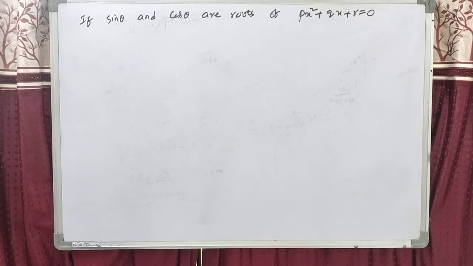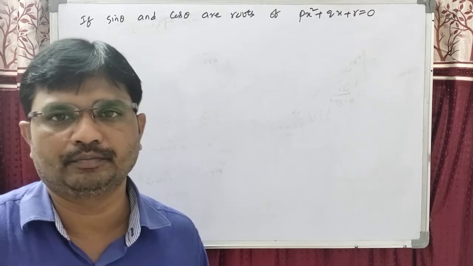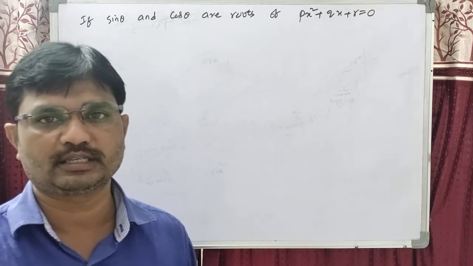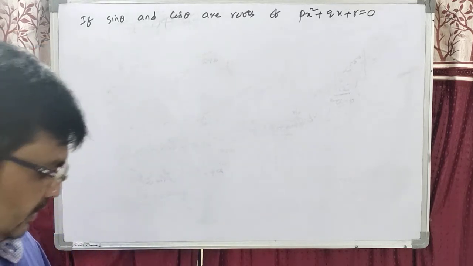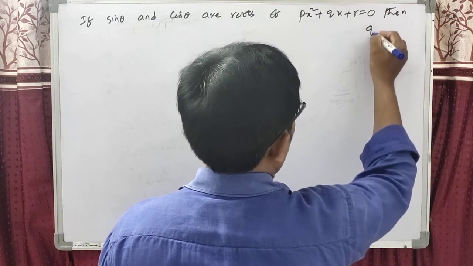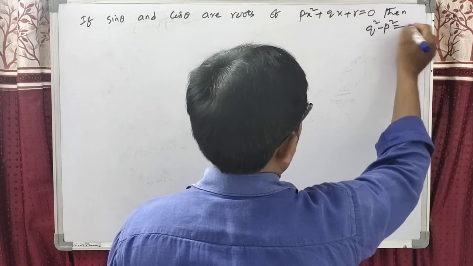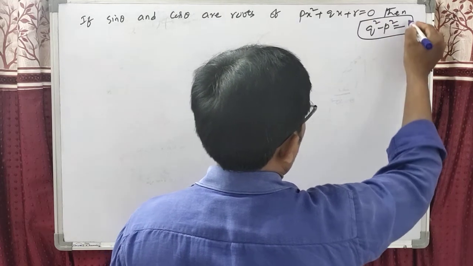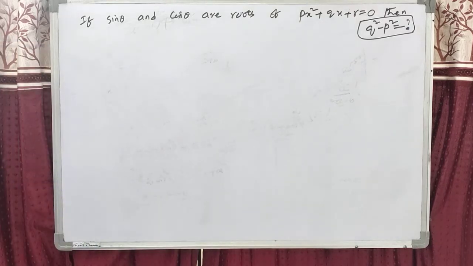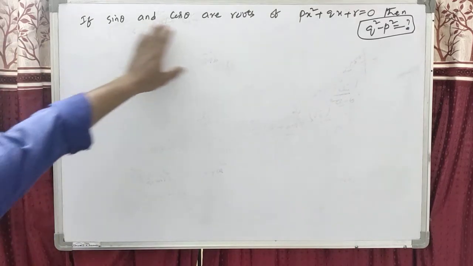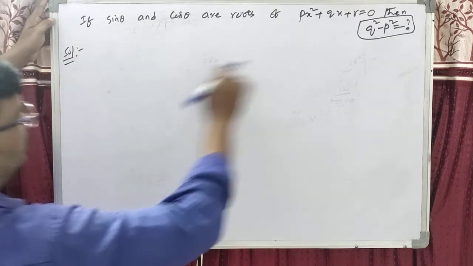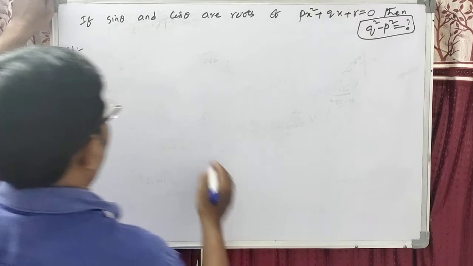My dear students, if sine theta and cos theta are the roots of the equation px square plus qx plus r equal to 0, then the value of q square minus p square equals what? How to find this value? Okay students, the given condition is that sine theta and cos theta are the roots of px square plus qx plus r.